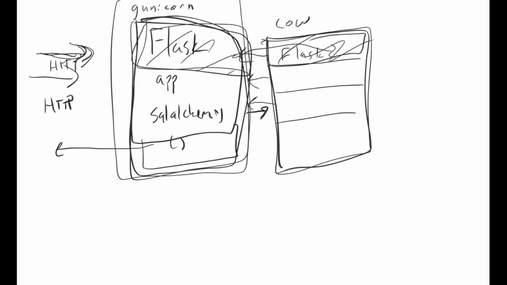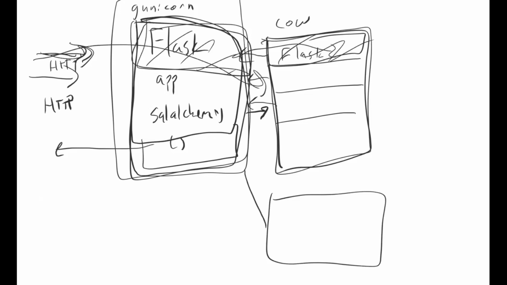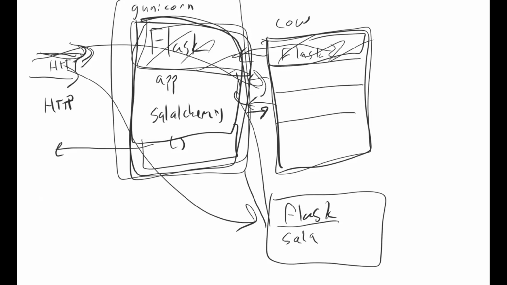Anyway, the idea here is that if we spawn a new copy of this for each request that comes in, so this guy would go here, this guy would go here, then we can handle multiple requests at once without using a whole bunch of RAM, because really all these dependencies are only live in one place. Does that make sense? So these are shallow copies. Yeah, they're copy on write copies.